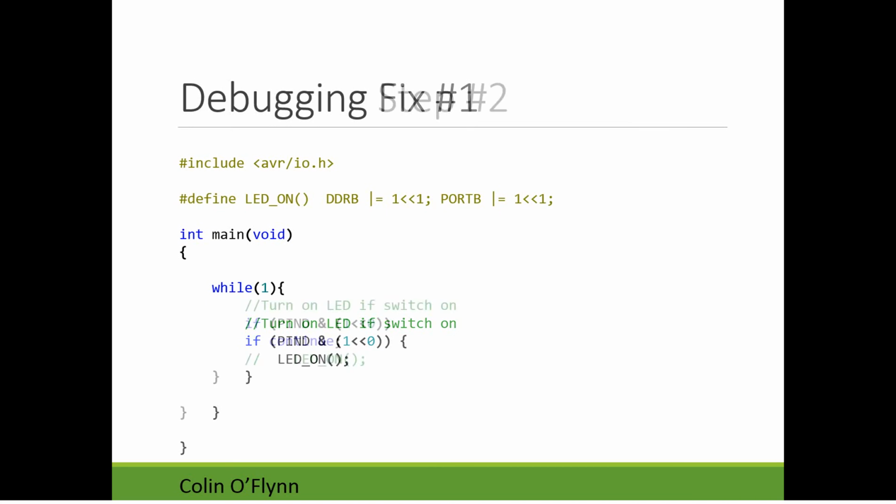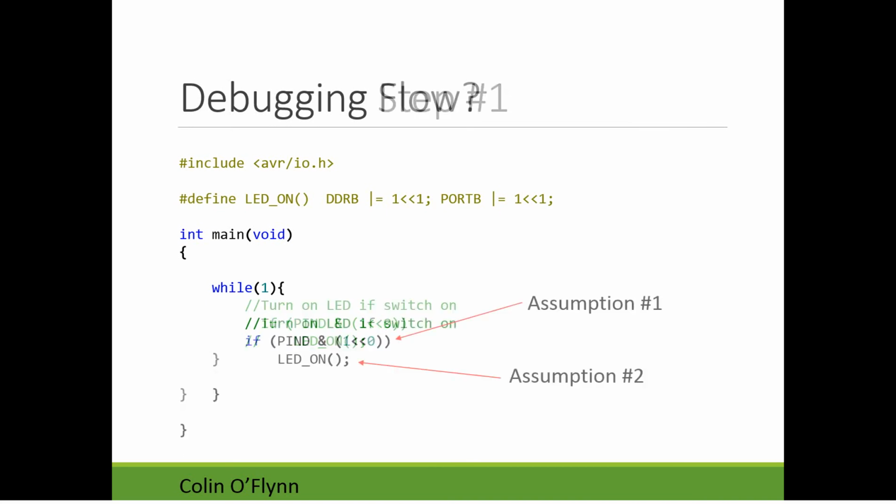If I put the LED on call back in, I end up again like this. And once again, you have the problem. So this forces you to figure out that there's some sort of issue in what I've written as a call here, but what's really a macro.